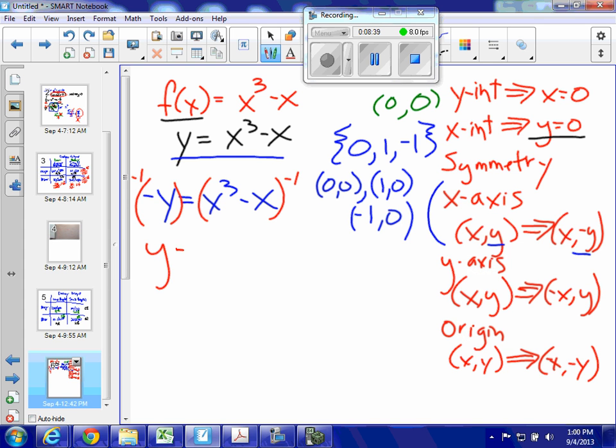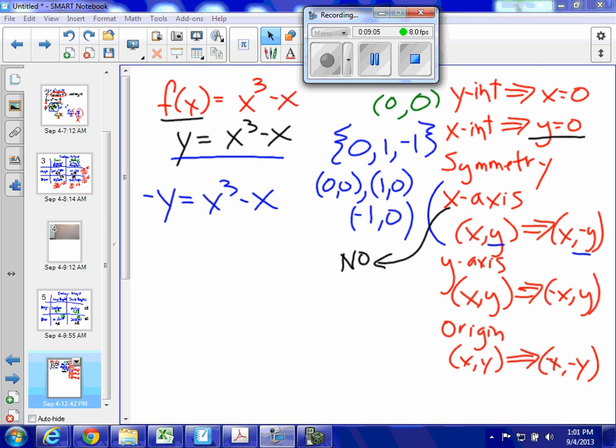So I get y equals negative x cubed plus x. And this is clearly not the same as that. So I do not have x-axis symmetry. Let's write it over here. No.